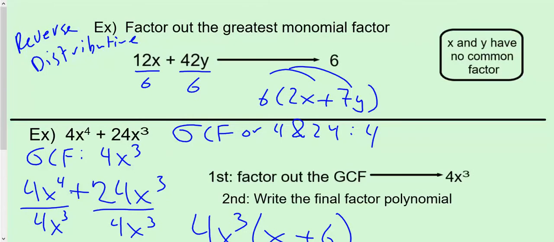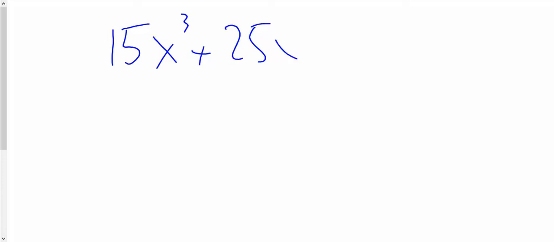I would like to do one more problem just to make sure that you guys are picking up on this. Let's do 15x to the third plus 25x to the fifth. The largest number that comes out of 15 and 25 is 5, and the highest power of x that divides out evenly is x to the third.